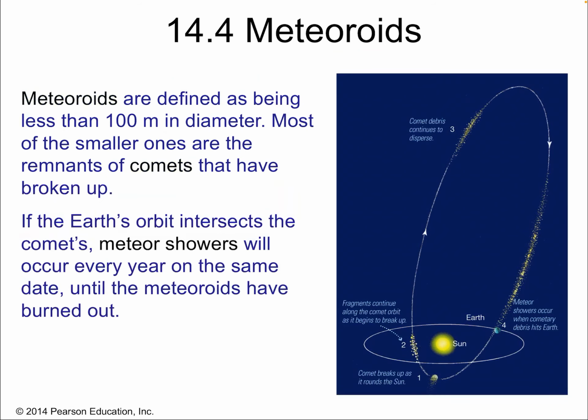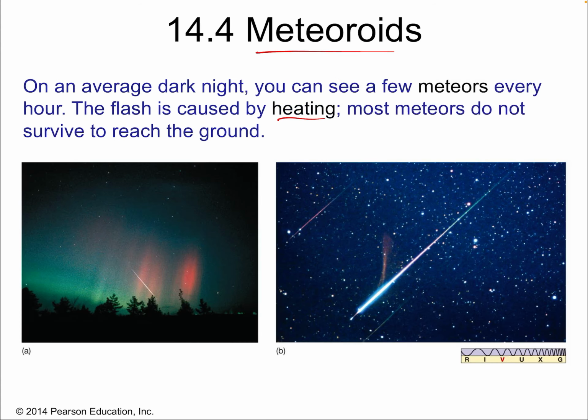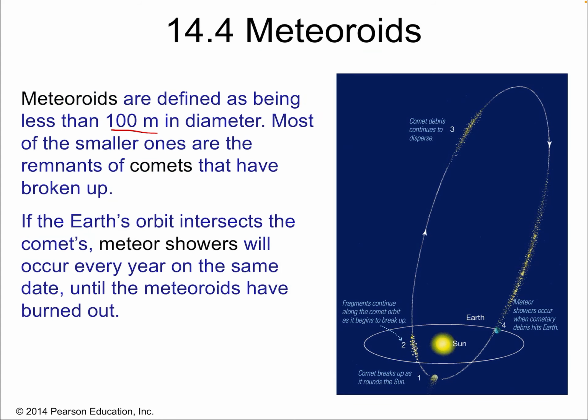All right. Meteoroids are defined as being less than 100 meters in diameter. So anything less than 100 meters is considered a meteoroid. And notice the difference here between meteors and meteoroids, okay? A meteor is the event you see in the sky. A meteoroid is an actual object in space. Most of the smaller ones are the remnants of comets, so a lot of icy pieces to them.